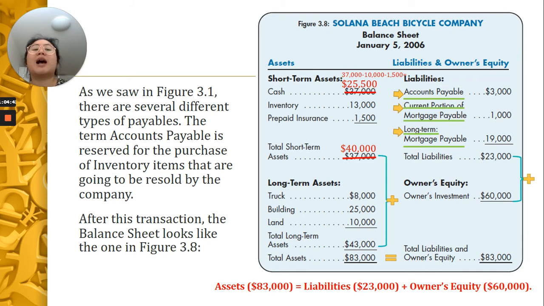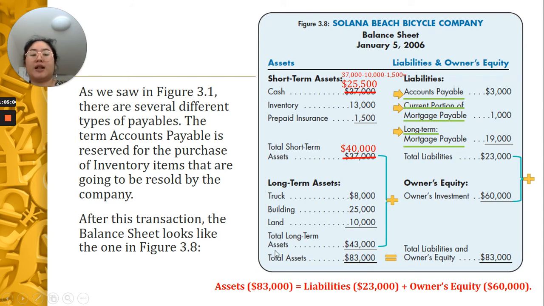So you sum up the liability plus owner equity. Total liability is 23,000 plus 60,000, which equals total liability and owner equity of 83,000. So this equation is balanced as the balance sheet.